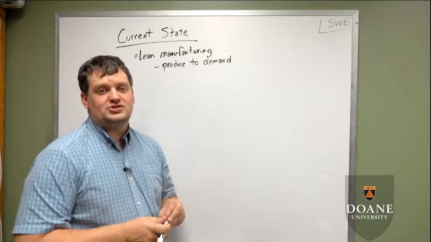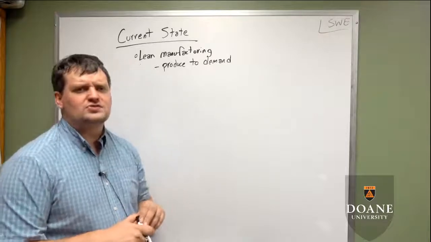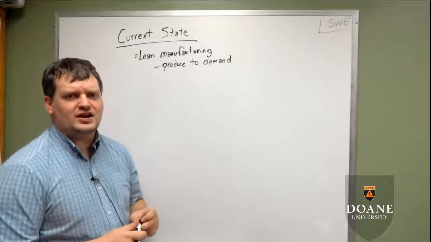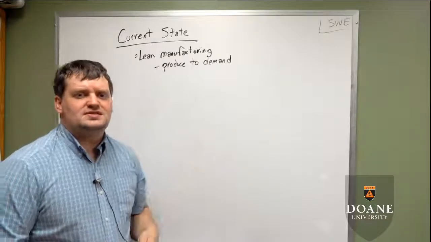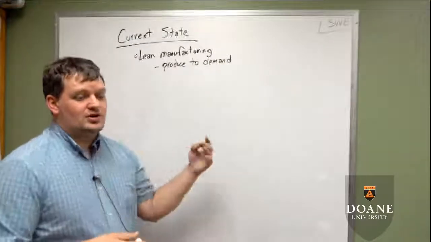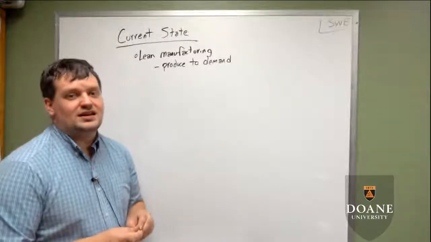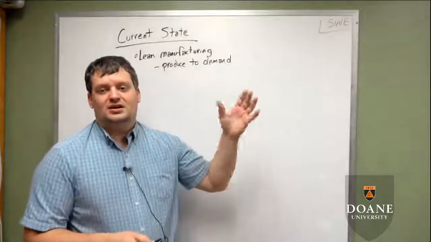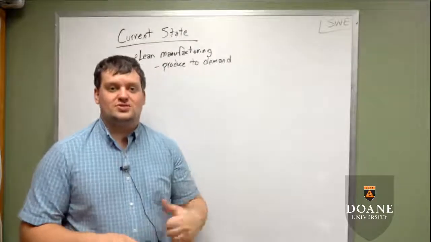Larger manufacturers that have lower volume sales are moving towards more lean manufacturing, because if somebody says, I would like an ATV, and you already have an ATV built and at the manufacturing firm, you can just ship it straight out the door, and that's great.